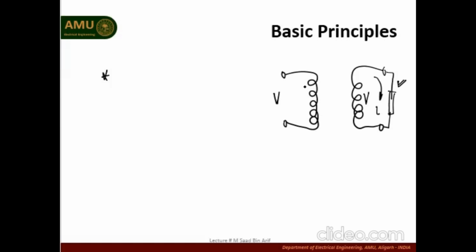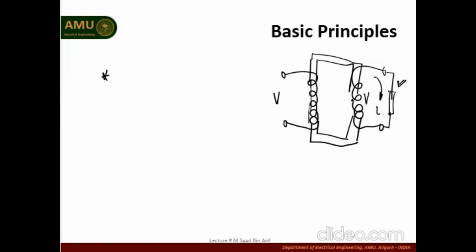But the thing is, how does the voltage get induced in this conductor? This concept you already know. If we connect both the circuits through a magnetic core and we somehow change the amplitude of the voltage, then the flux induced in this limb varies.